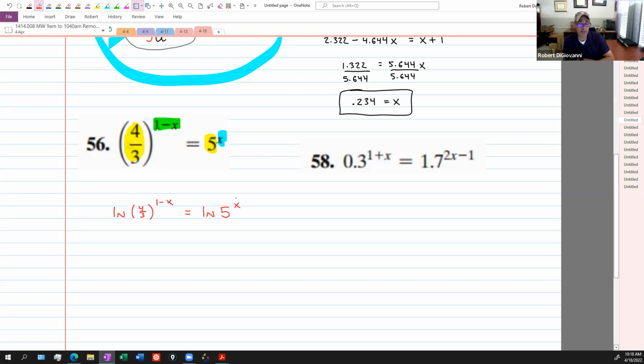And that will allow me to pop the powers out front. So when I pop this power out, I get 1 minus x times natural log of 4/3 equals x times natural log of 5.